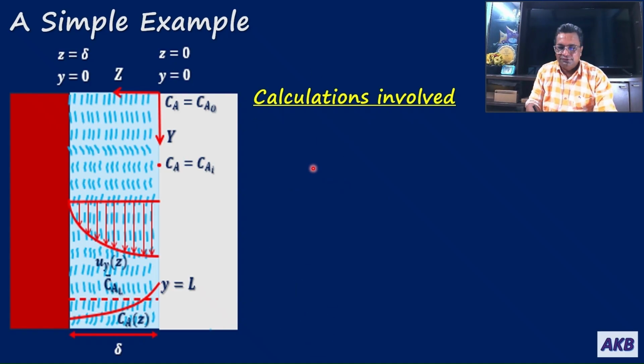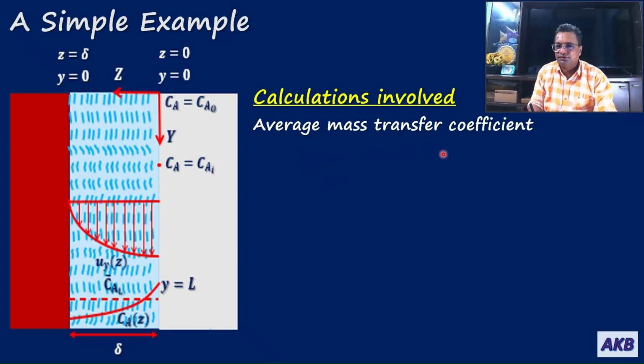After getting the film Reynolds number, we have to get the average mass transfer coefficient, because the equation we use for it depends on the film Reynolds number. If the film Reynolds number is less than 100, then KL average is equal to 3.41 into DAB upon delta.